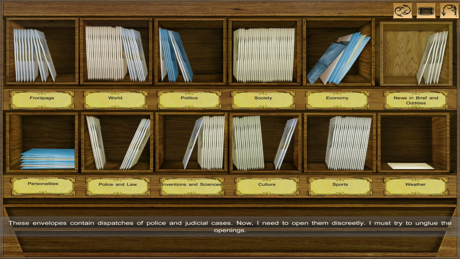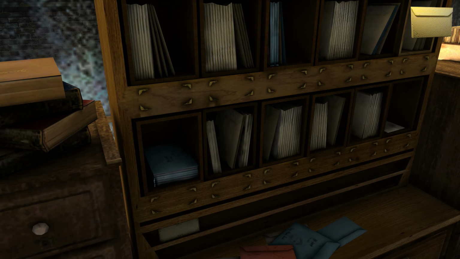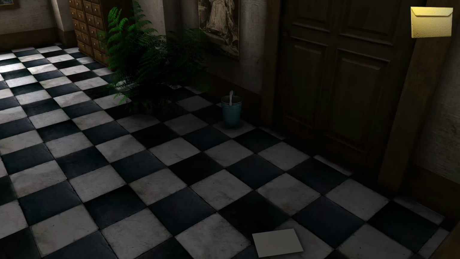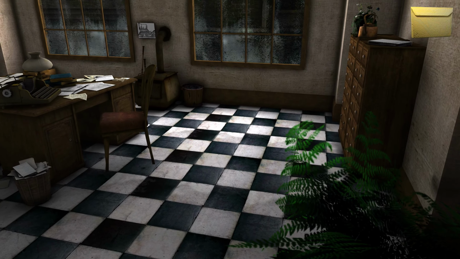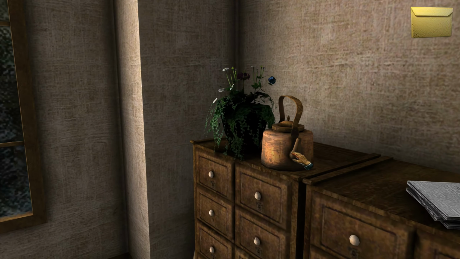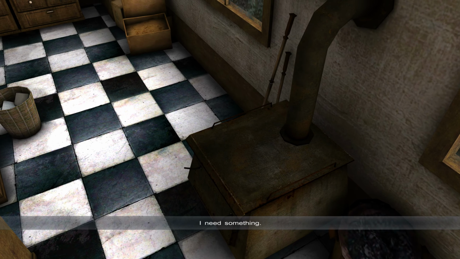These envelopes contain dispatches of police and judicial cases. Now, I need to open them discreetly. I must try to unglue the openings. Water. I need something.